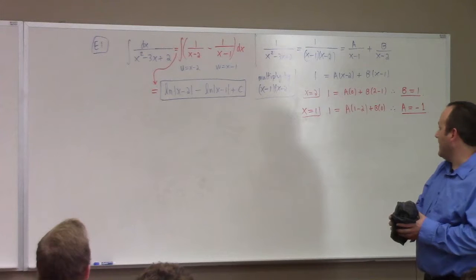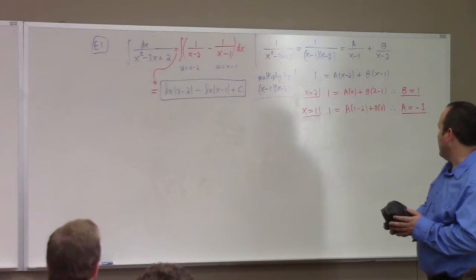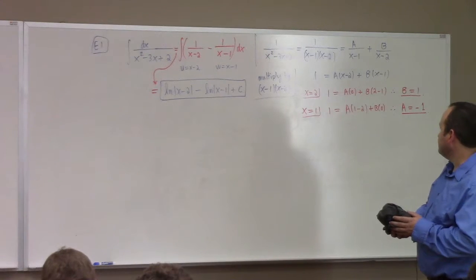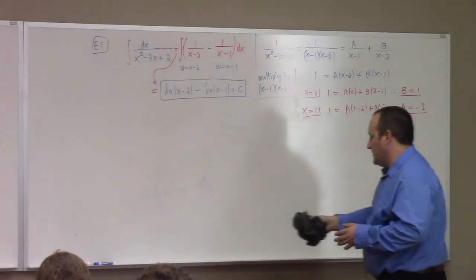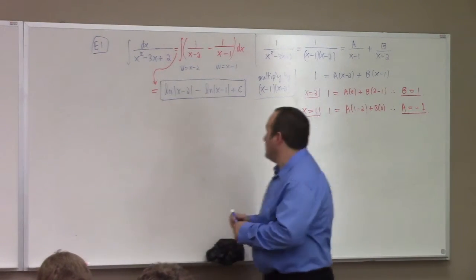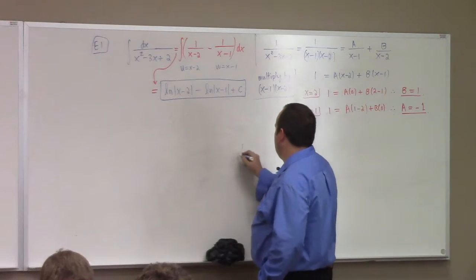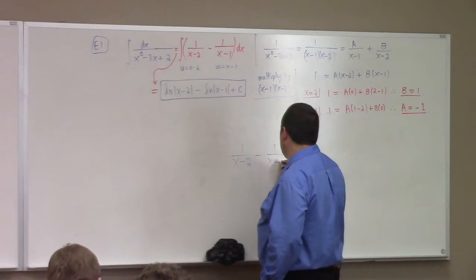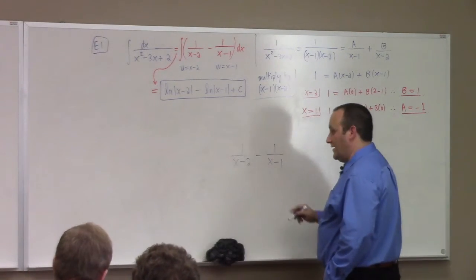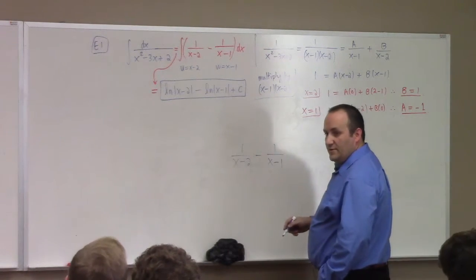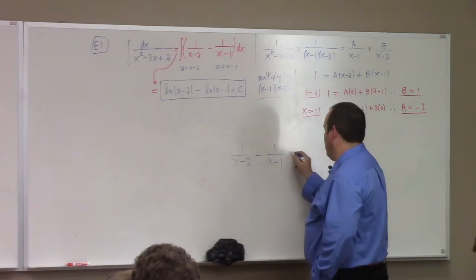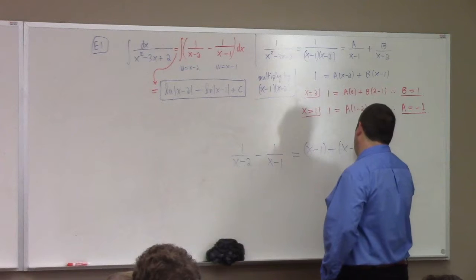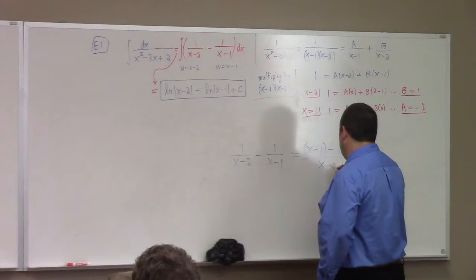I don't know, I'm not sure how I can talk you out of that at the moment. Look, I mean, the proof is in the pudding, so to speak, right? I've claimed that this is algebraically the same as the integrand that we started with, right? How do you undo, how do you make this into a, what do we do? Common denominator, right? So this is x minus 1 minus x minus 2, divided by x minus 2 times x minus 1, right?